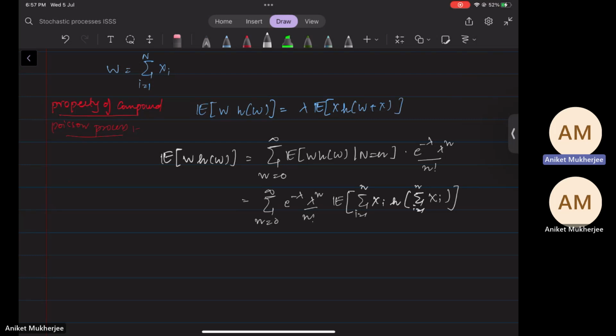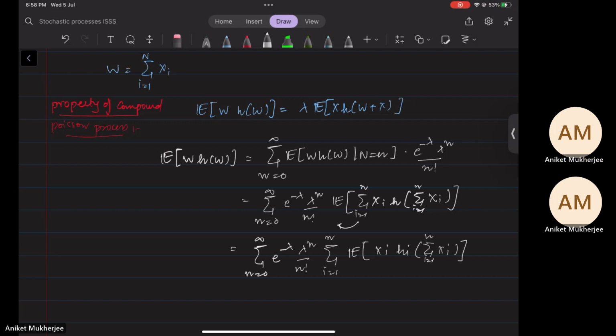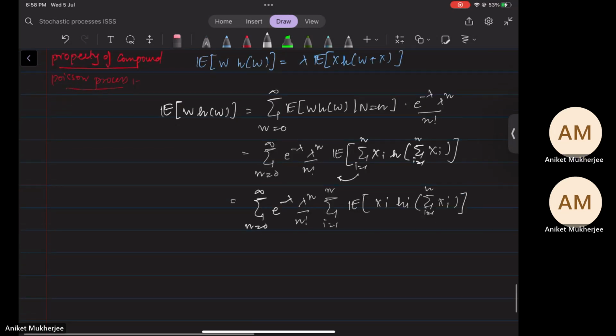From the linearity of expectation, you can bring this summation outside. So summation n equal to 0 to infinity of e^(-λ) λ^n by n factorial, summation i equal to 1 to n, expectation of Xi h of the summation i equal to 1 to n of Xi. Now, since all of these have the same distribution, the expectation is over X. They are all drawn from the same distribution because they are independent and identical.